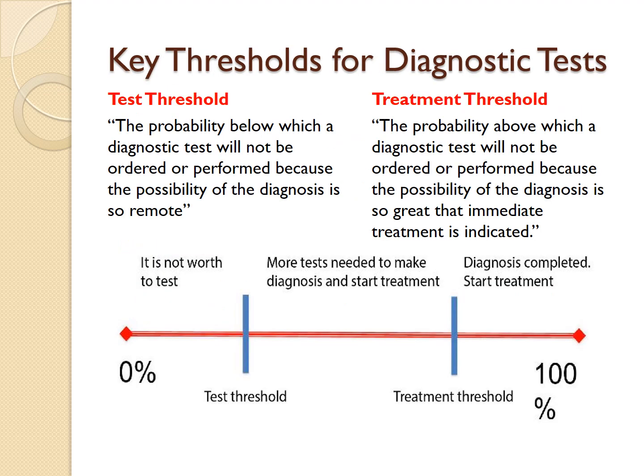So we're going to discuss the key thresholds for diagnostic test. In clinical decision making, diagnostic tests play a very important role because they provide additional information that is required by clinicians.